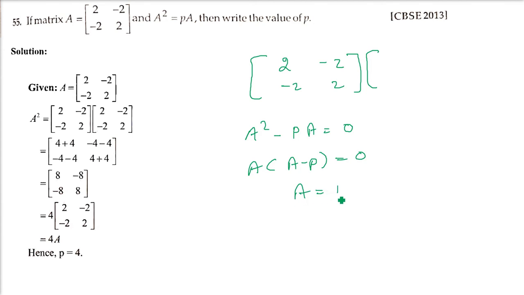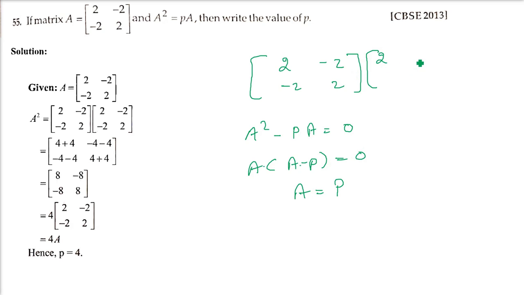Because that will be A equals P. And A is actually 2 minus 2, minus 2 2, and P will come as 4. You'll just see. So why doesn't it work? If you take this equation, why it doesn't work has to be answered by you. I need the explanation, okay? If any one of you can give it.